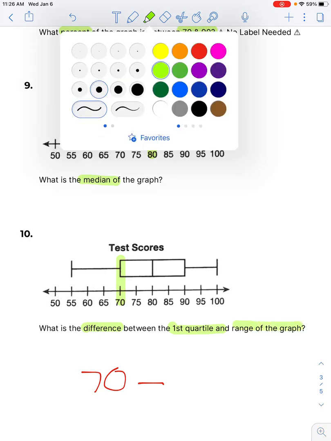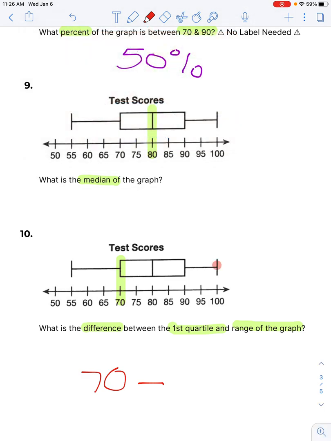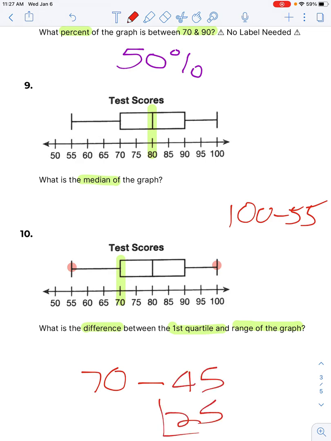When you're doing the range, you're taking the largest number in the data set, which is 100, and subtracting the smallest number in the data set, which is 55. Notice 50 is not the smallest number. 50 is not part of my graph. 55 is the smallest number. So when I take 100 and subtract 55, I end up getting 45 here. And then my answer to this question comes out to be nicely 25.